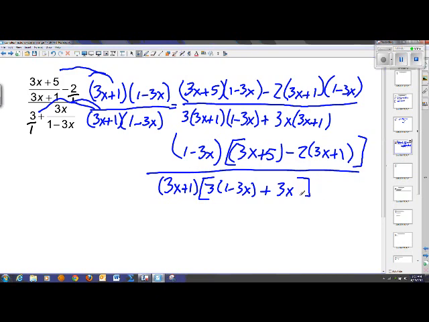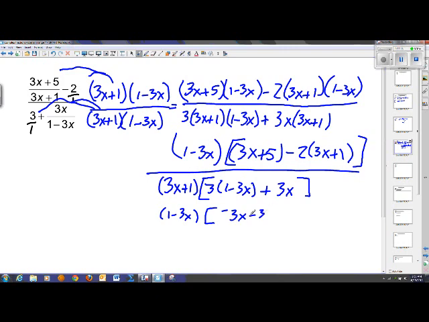Now you'll notice I can combine what's inside each of these brackets. So I have in my numerator 1 minus 3x. Inside the brackets, I have 3x minus 6x, which is negative 3x, and I have 5 minus 2, which is 3.